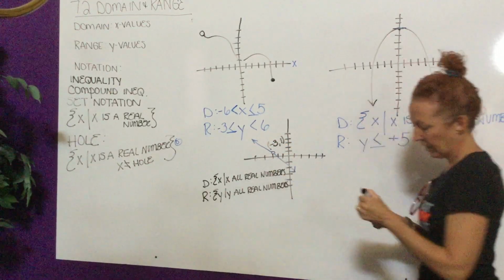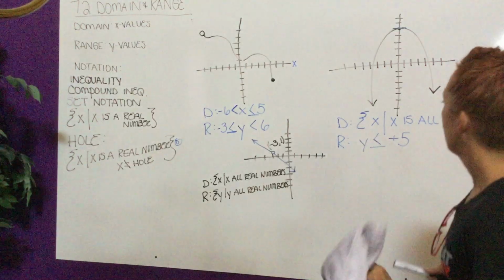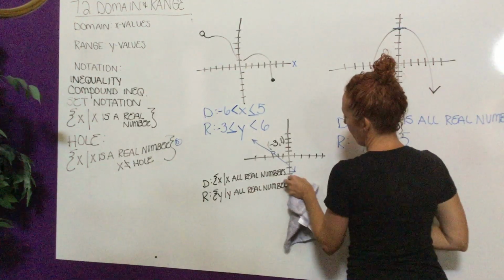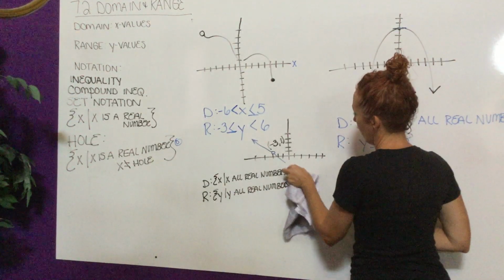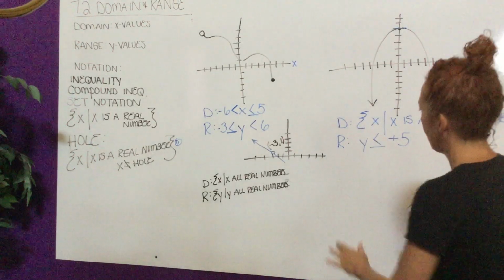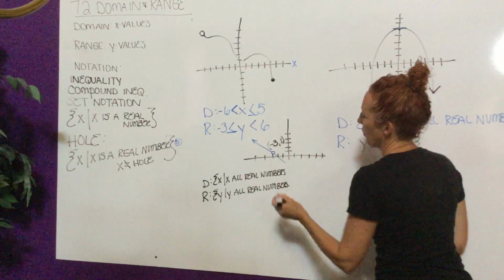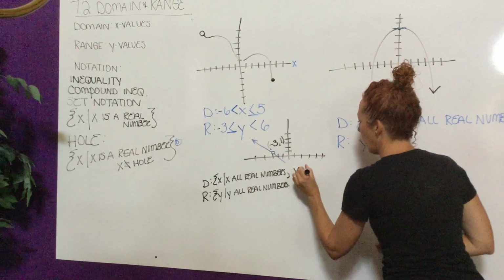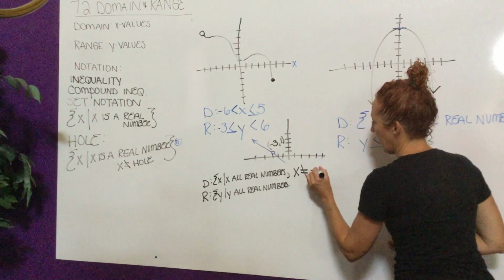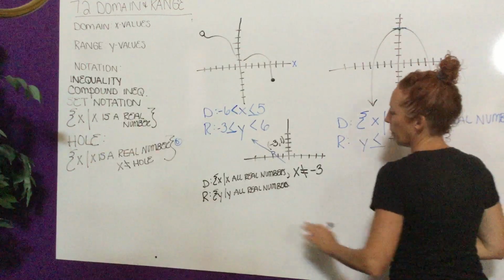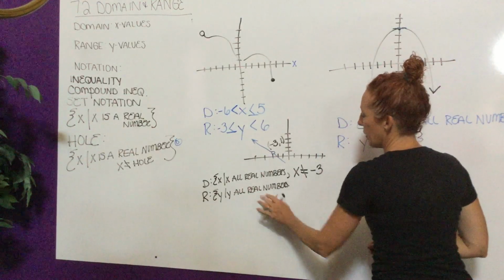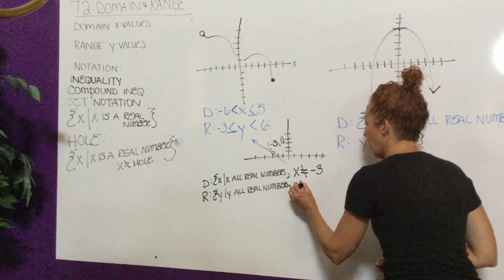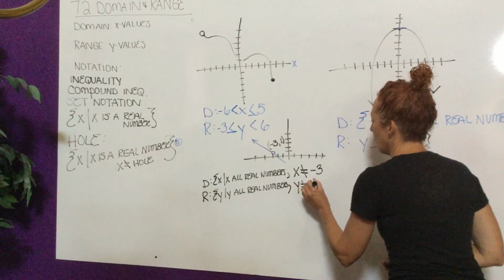And so what you'll see here in MyMathLab is there will be a comma, and then it will say exactly where the one point is x can't be. X can't be -3. Y is all real numbers except for the one place where there's a hole.